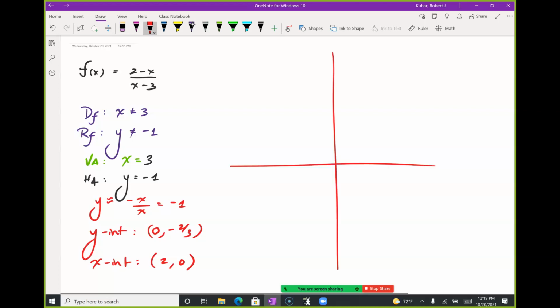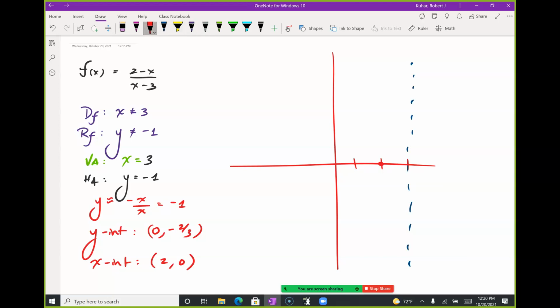So I want to try and put the graph down. And remember, when you're doing this on the test, you're going to put it on the calculator, so that you've got this kind of safety net, right? But I have an x-intercept at (2, 0). I have a vertical asymptote at 3.